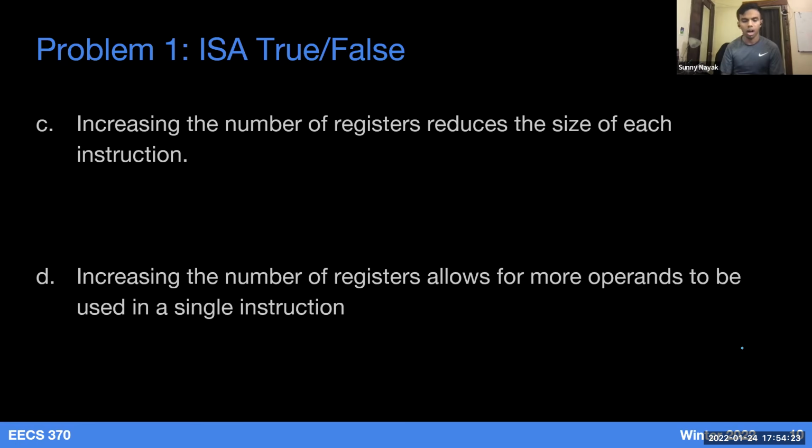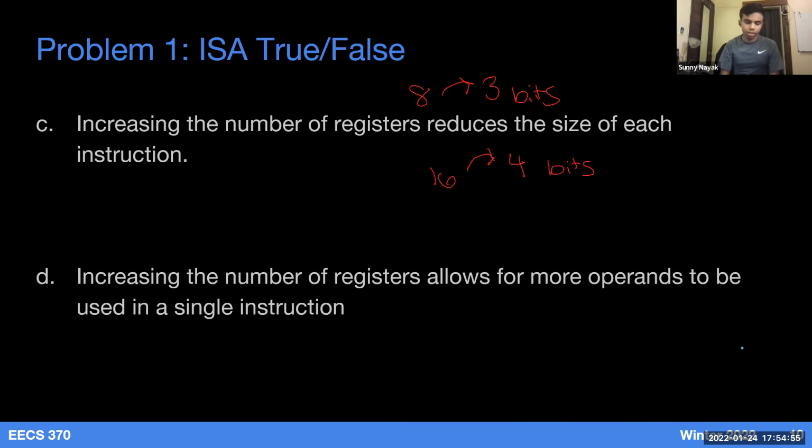Obviously there are going to be some hardware implications, but let's talk about how that affects the ISA and the representation. In LC2K, we by default have 8 registers, and so we represent that in 3 bits. Let's say instead of 8 registers, we had 16 registers. That would mean we'd have to represent each register as 4 bits.